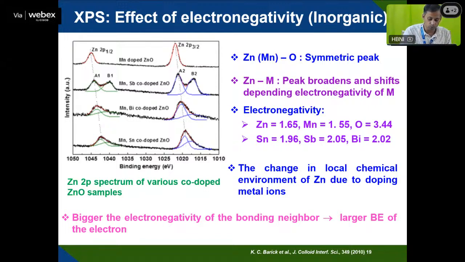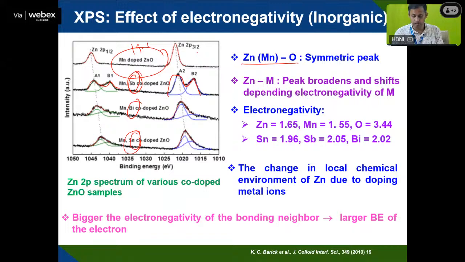But when you go to antimony and bismuth, you can see that the peak is broadened and stretched to the higher energy side. But in the case of bismuth, you see it is completely split into 2p1/2 and 2p3/2. That is how the manganese doping, or co-doping material, affects the metal properties that you can see here.